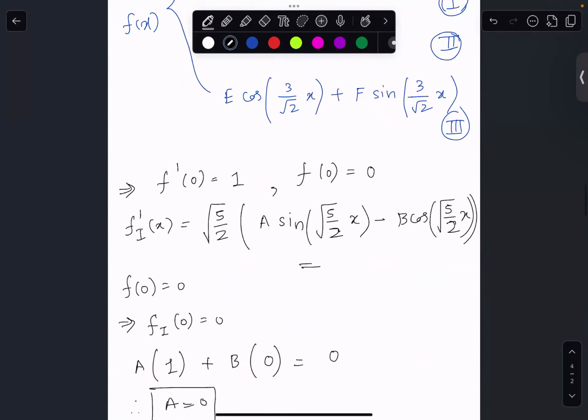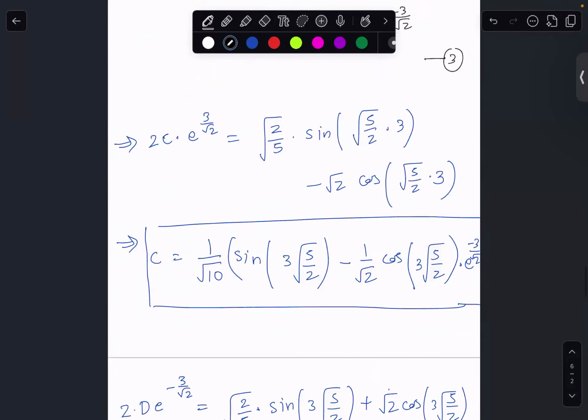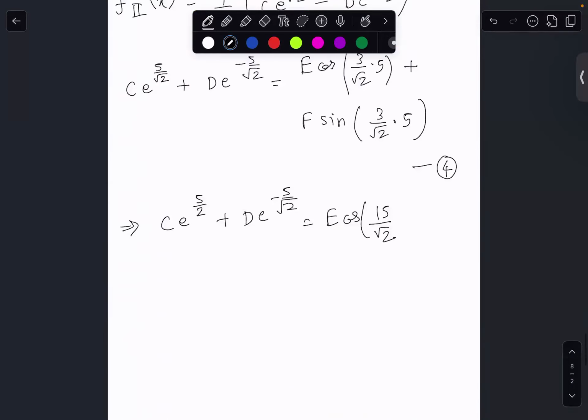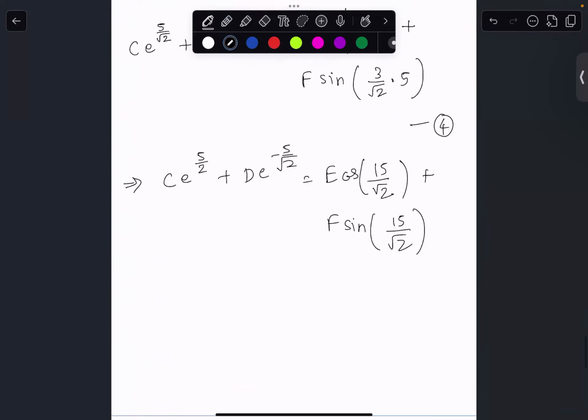Let me just recheck if we are substituting the correct values. Yes, so this can be rewritten as plus f sine 15 upon square root of 2. Let me call this equation 4.